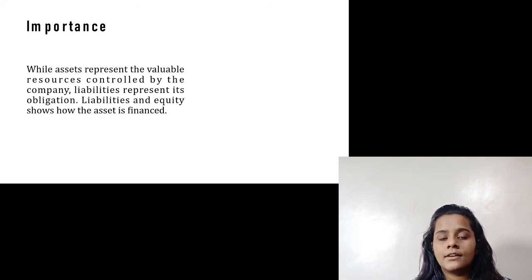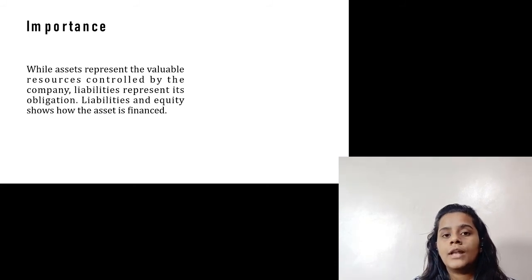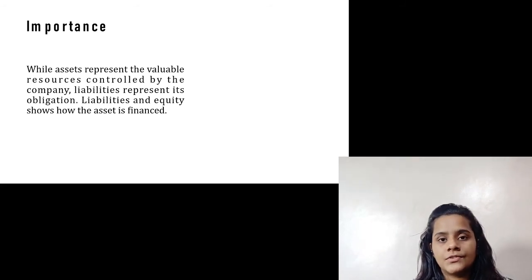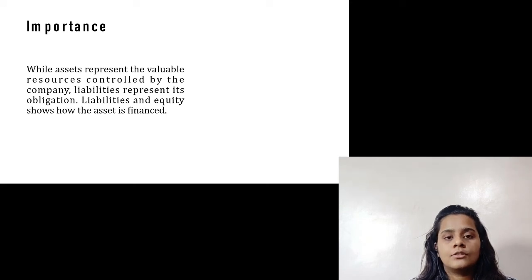So that asset is actually financed by a liability which you will have to discharge in the future. So this is what the accounting equation represents: how the assets are financed by way of liability to third parties or by way of capital, that is the owner's interest.